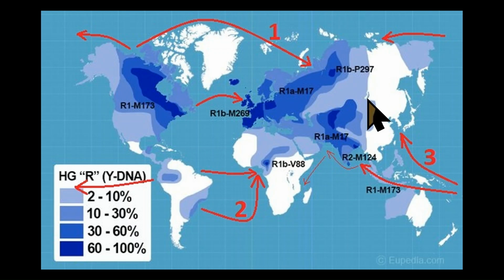So it still confirms it is out of the Americas, and not at all, at least for R, out of Africa. R is the dominant haplogroup in the world today.